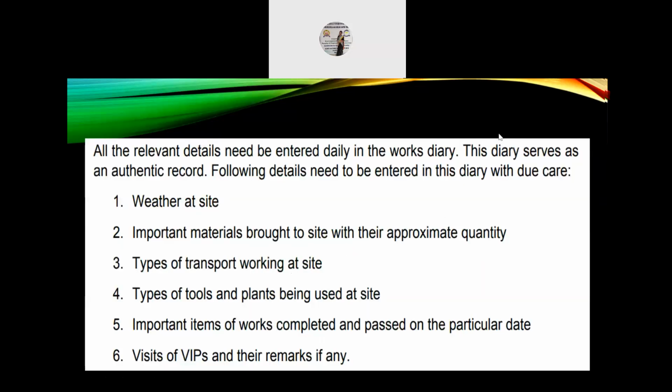So all the relevant details need to be entered in the works diary. This diary serves as an authentic record, a genuine record, and following are the details that need to be entered in the diary with due care.